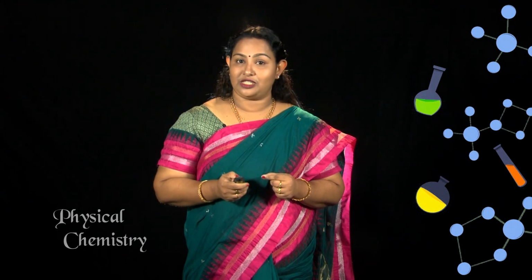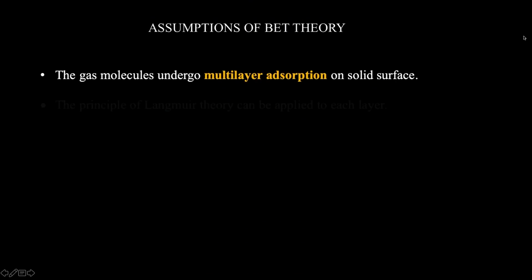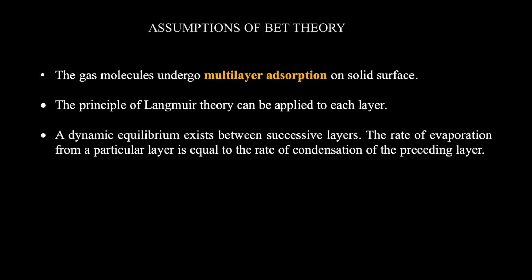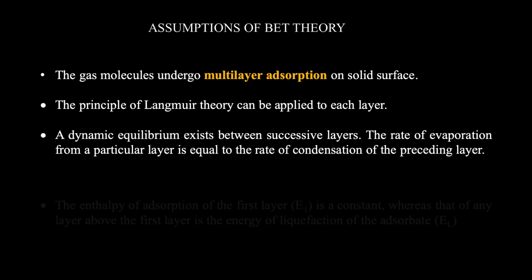The basic assumptions made in this theory are: first, the gas molecules undergo multilayer adsorption on a solid surface. Next, the principle of Langmuir theory can be applied to each layer. A dynamic equilibrium exists between successive layers.